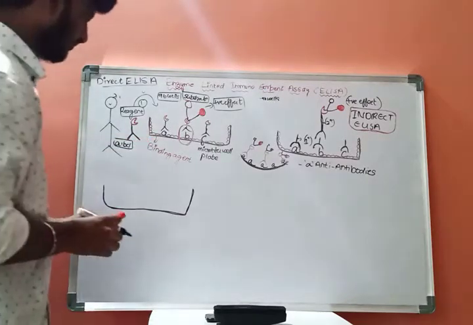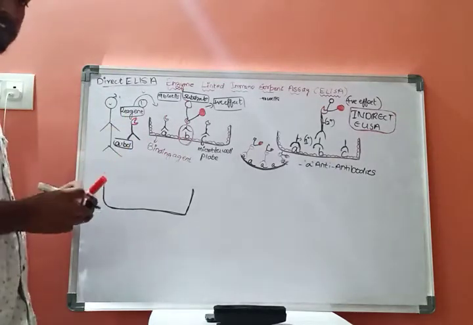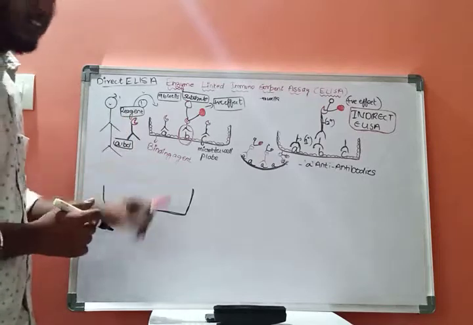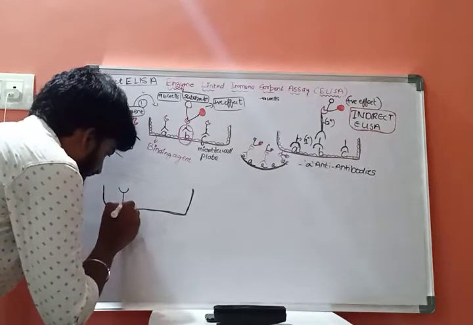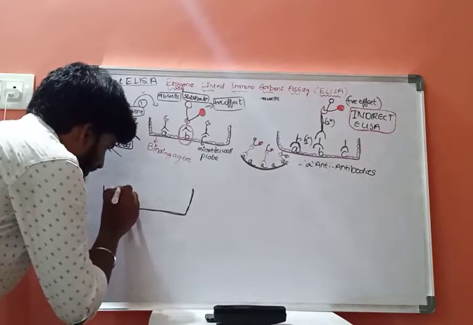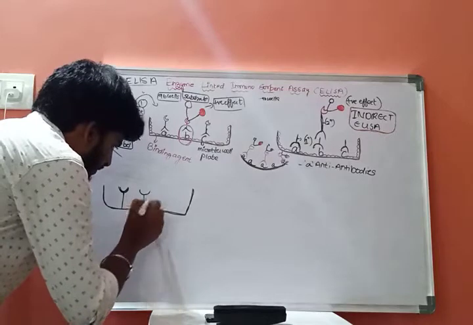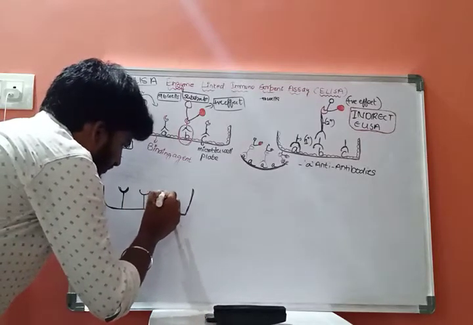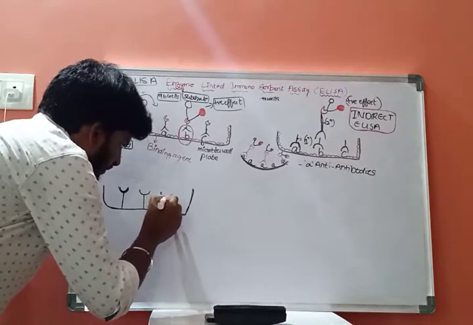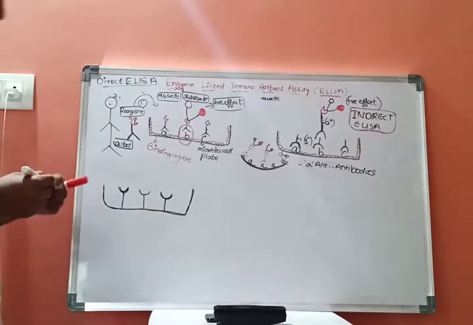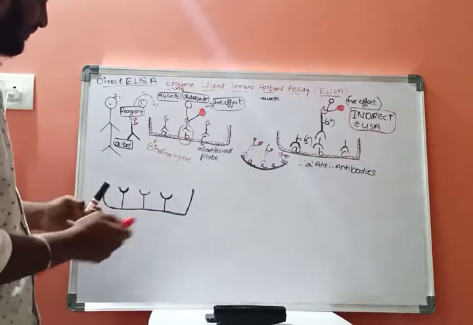Now, if we want to examine B type of antibodies in a person, let us take the antibodies from that person and pour them on the surface of the microtiter well plate.